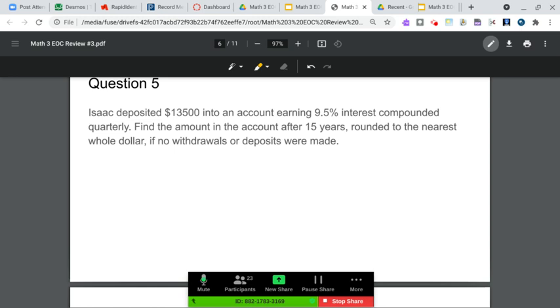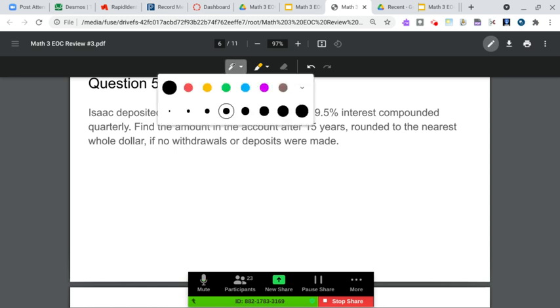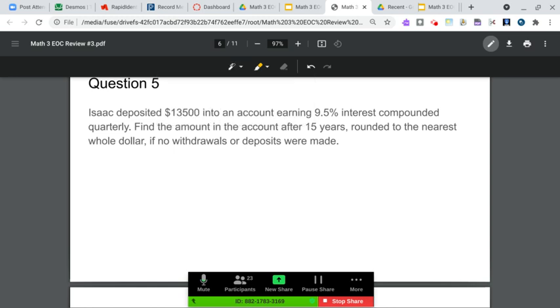We talked yesterday about the term compounded, right? When you see compounded interest, you need to use A equals P(1 plus r over n) raised to the nt. We don't know the final amount. That's what we're looking for.